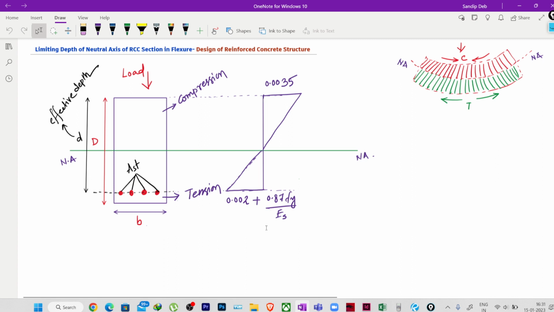Okay, so now what is this neutral axis? You can say maximum neutral axis depth, or limiting depth of neutral axis.